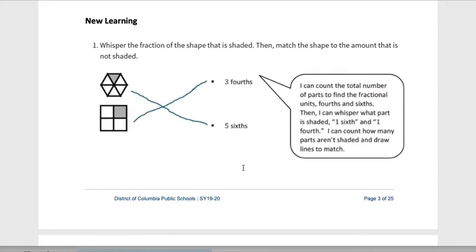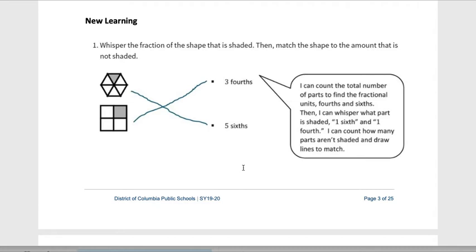Okay, so our new learning today is just figuring out more about fractions. This is asking you to whisper the fraction of the shape that is shaded, then to match the shape to the amount that is not shaded. So I can count the total number of parts to find the fractional units.